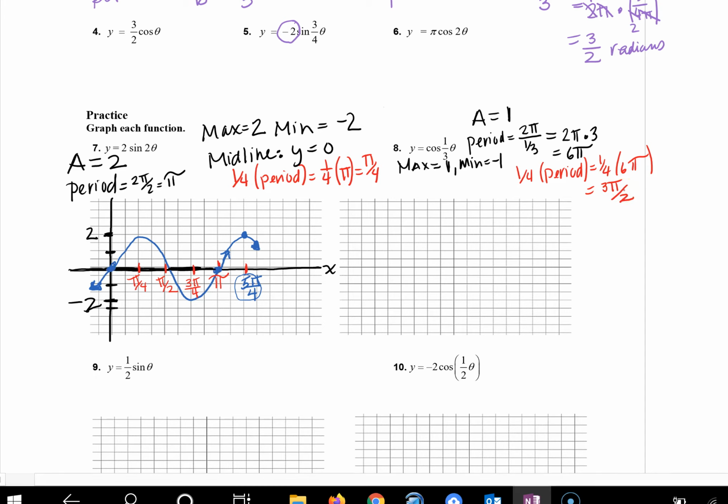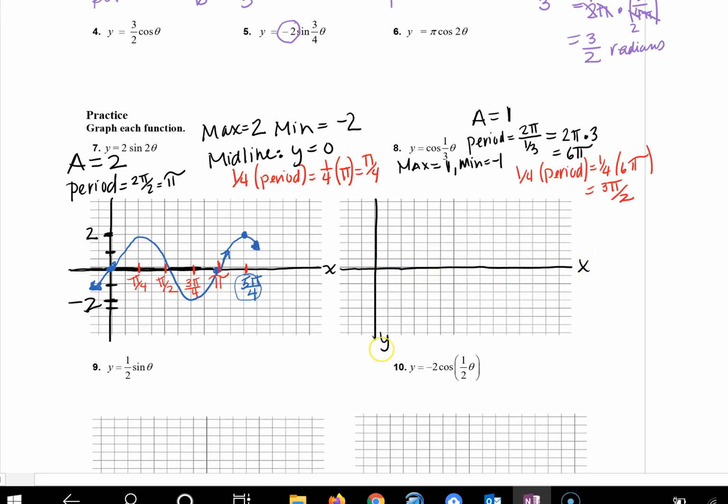So using that information, I'm going to go ahead and draw in my x and my y axis. And so here's my y axis, here's my x axis.